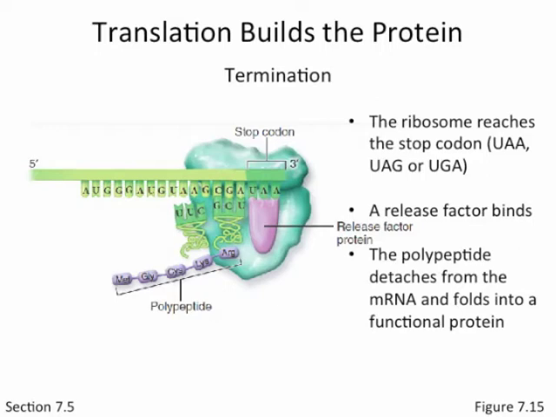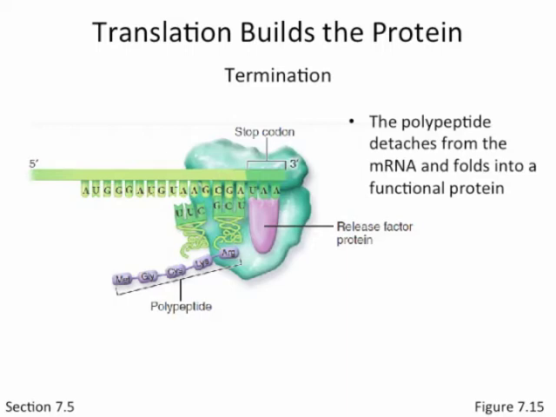The amino acids will link together in the ribosome, and the ribosome will keep shifting down one. That's the elongation of the protein. This continues to happen, matching up the codons with the appropriate tRNAs until you reach one of the stop codons, and at that point, the release factor enters and terminates translation. And you have your polypeptide, and finally, the polypeptide detaches and folds, and you have a functional protein. And this was just the last step on the last slide.